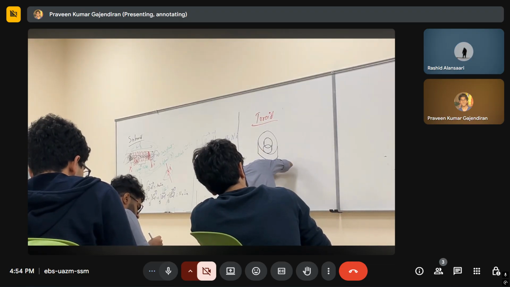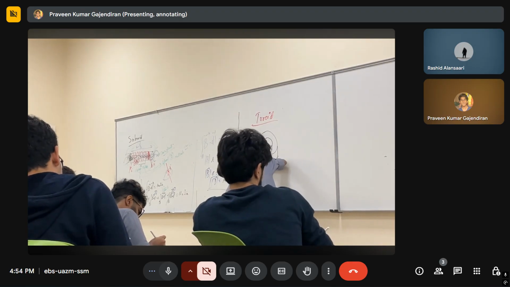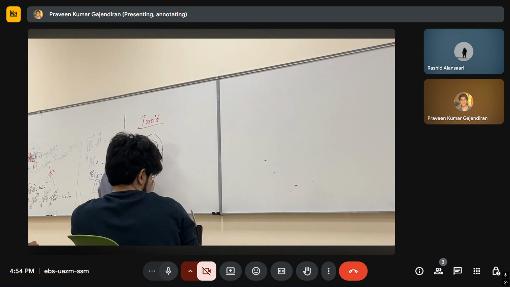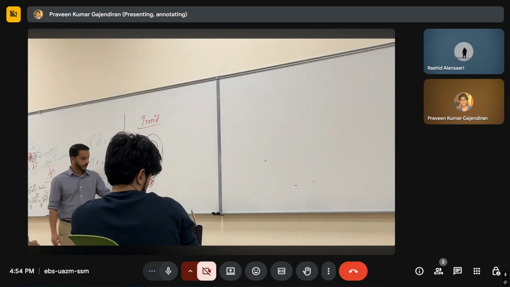So ideally the wires are connected, so it will be like this. So we wind the wires, so the current will be going like this. And this is really useful if you want to confine charged particles, particularly for nuclear fusion.